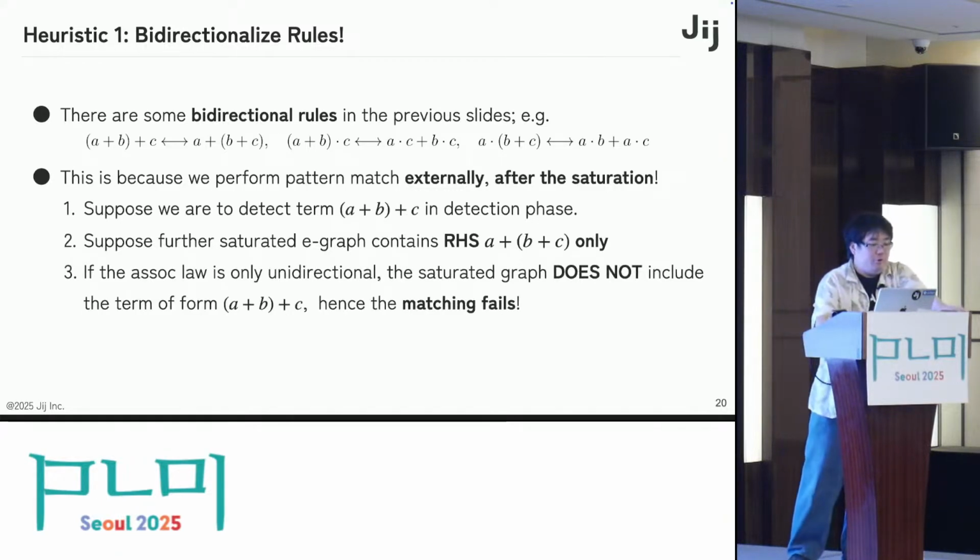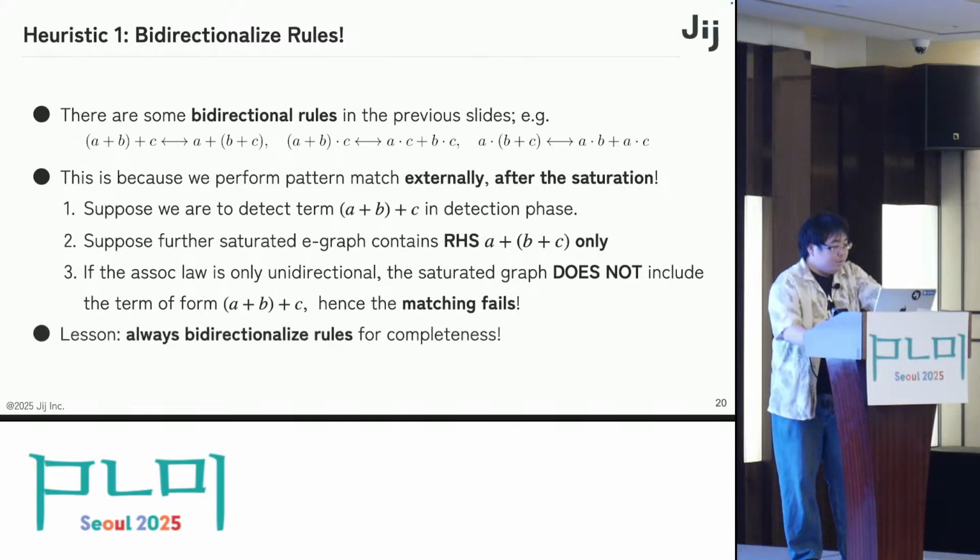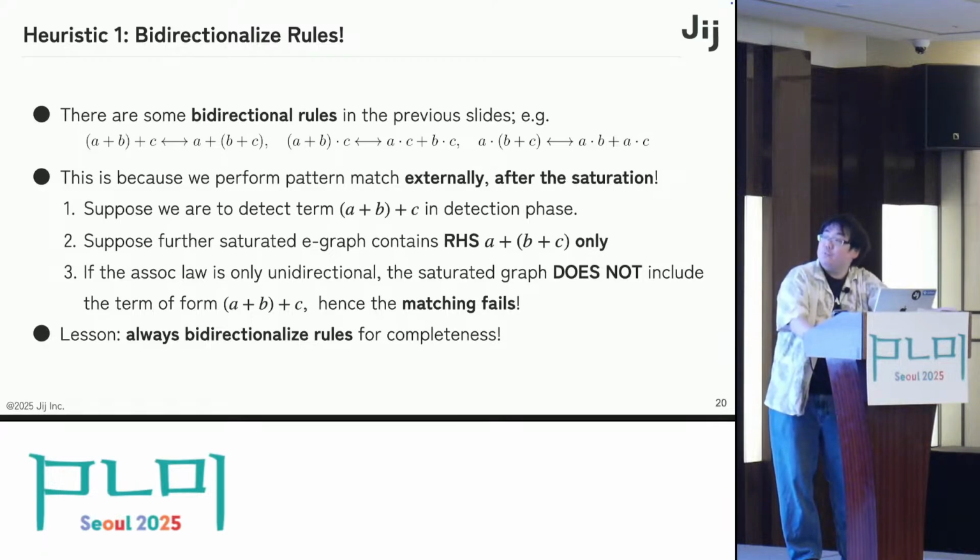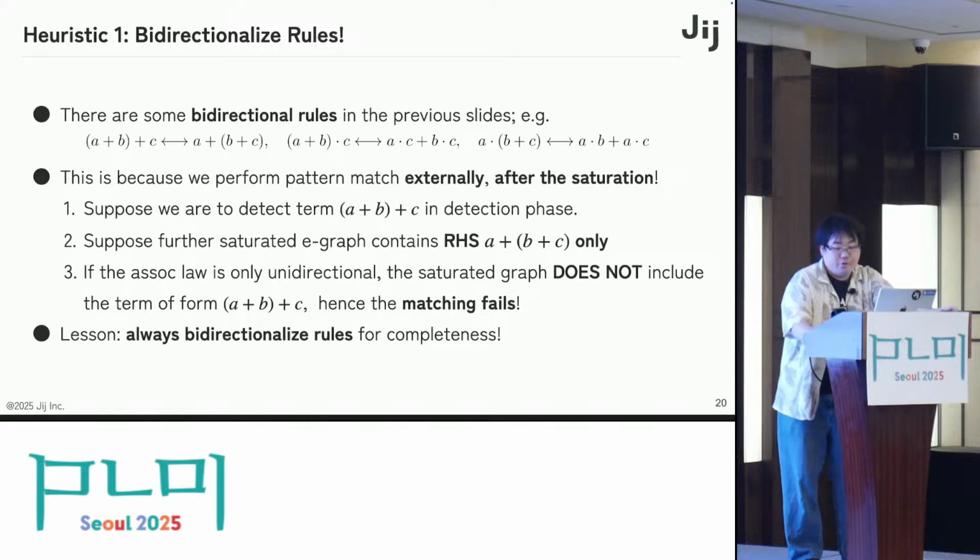Then if the associative rule is only unidirectional, the saturated graph does not include the left-associated form. Hence, the matching against this pattern will fail. So always bidirectionalize rules for completeness, at least when you perform matching after the saturation.